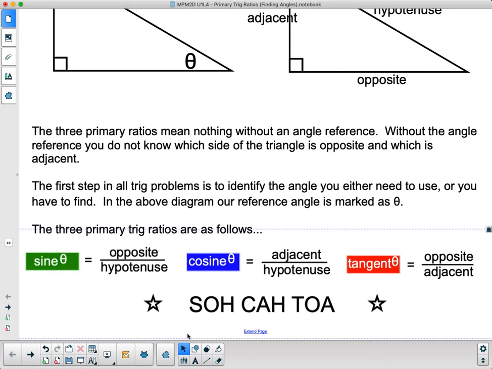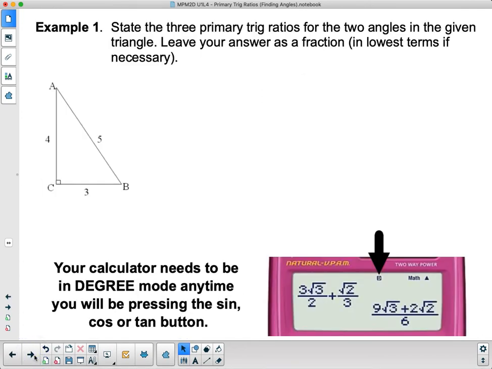I'm not going to make you do that, but it would help you if you did. SOHCAHTOA is pretty easy to remember, and you can always write it at the top of your page. That's also on the side of my classroom at all times. See if you can locate that poster when you get into class.